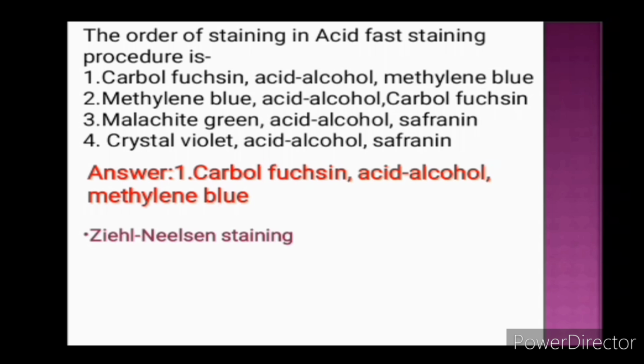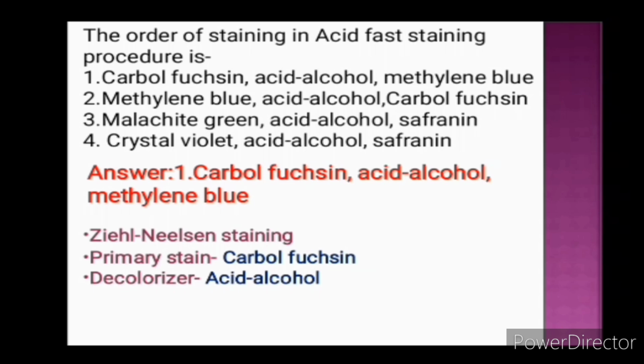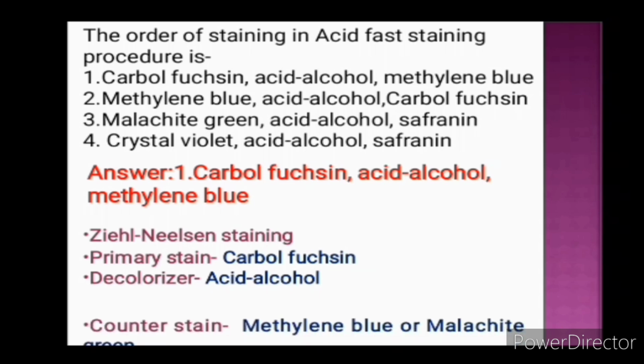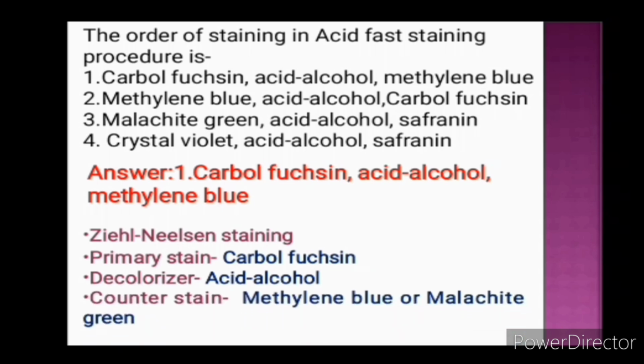This acid-fast procedure is known as Ziehl-Neelsen staining procedure. Here carbol fuchsin is used as primary stain, as decolorizer acid alcohol is used, 3% HCl and 95% alcohol. And as counter stain, either methylene blue or malachite green may be used.